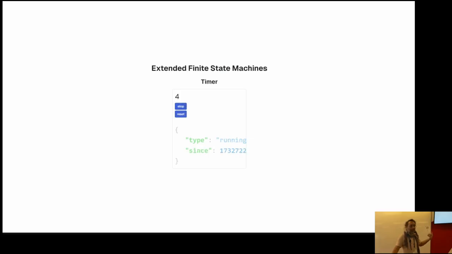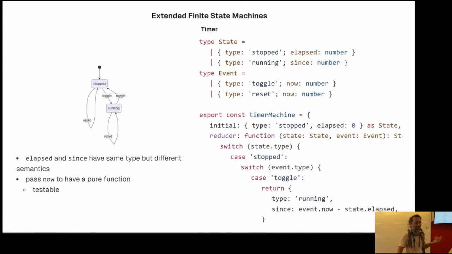When it's running, we have a reference point in time, and we subtract it from the current time to know how many seconds have elapsed. Both are numbers, but they have fairly different semantics. So I think it's much clearer to implement them with different payloads, with different typing, different names.